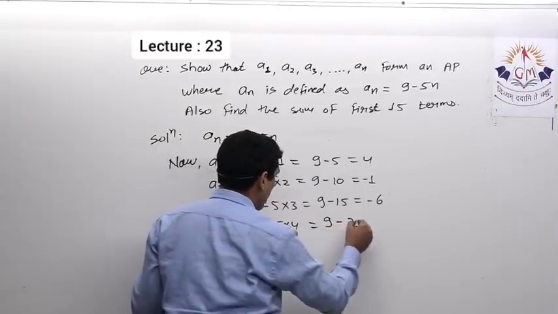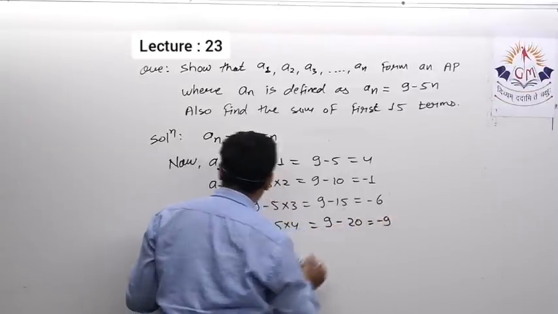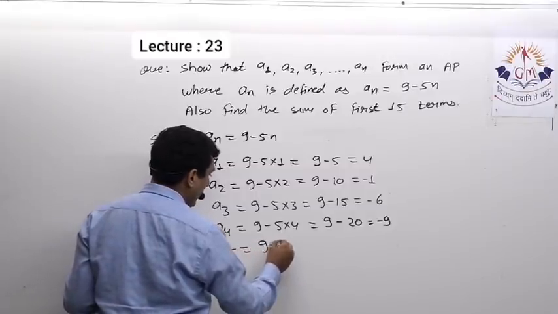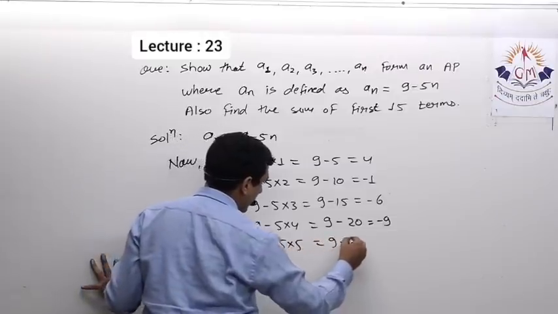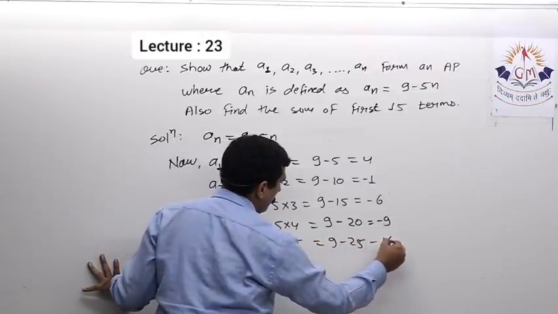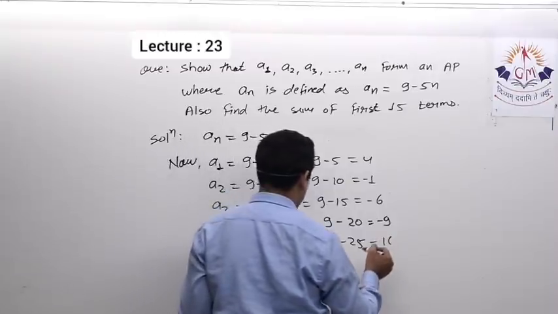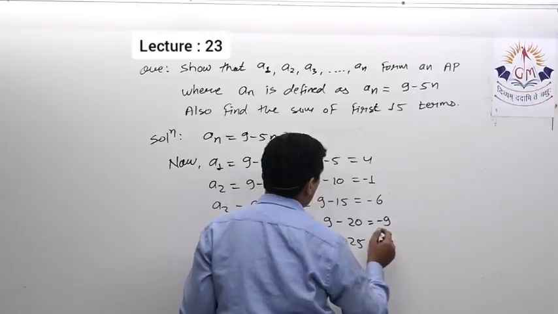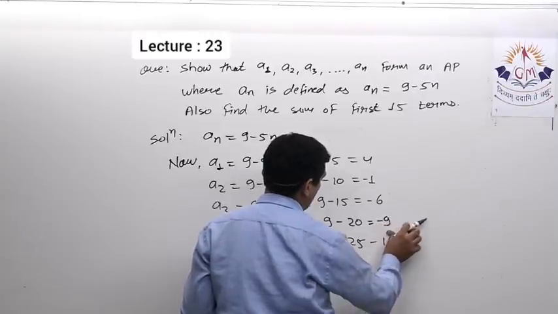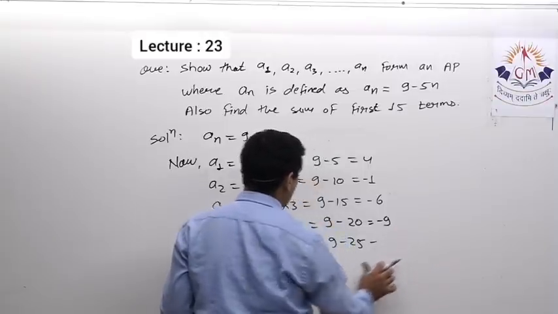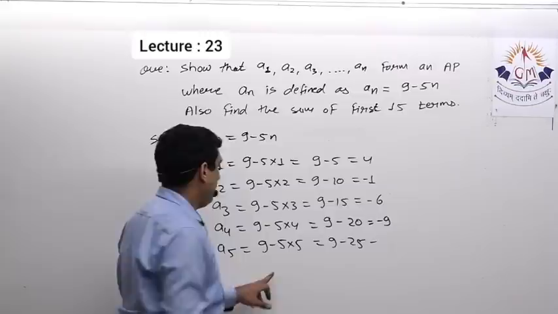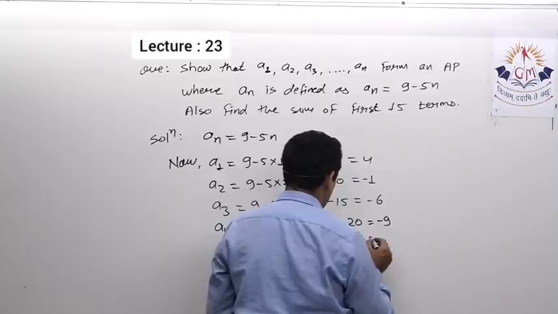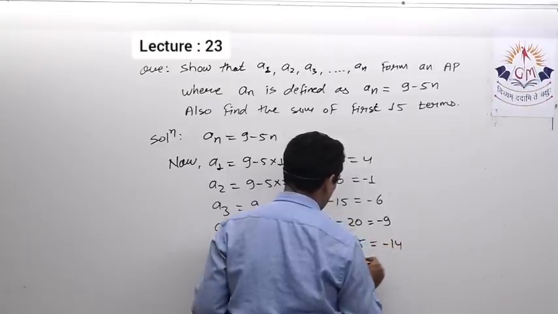So 9 minus 20, that is minus 11. Now a5 we'll find, one more, 9 minus 5 into 5, 9 minus 25, that is minus 16.